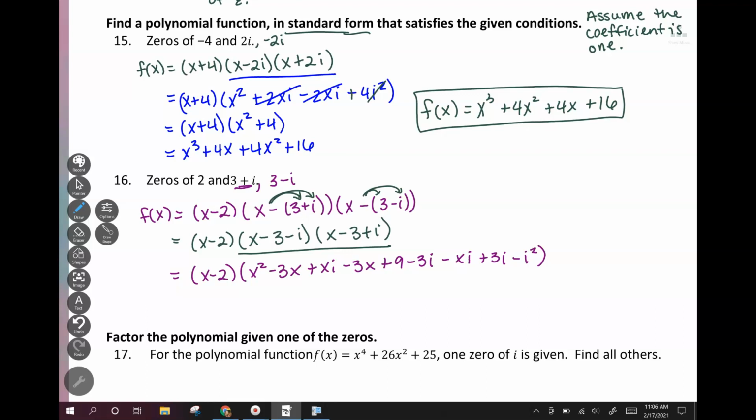Okay, now we will simplify this, obviously, by combining like terms and remembering that i squared equals -1.